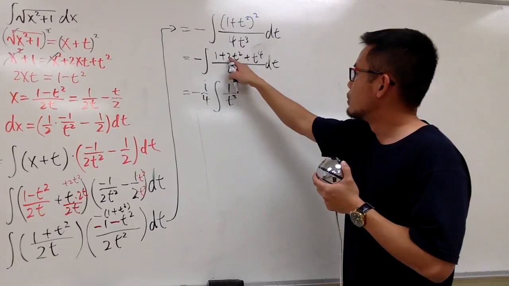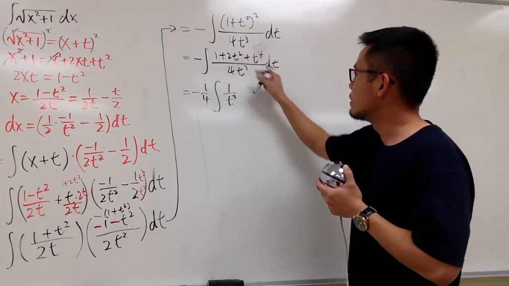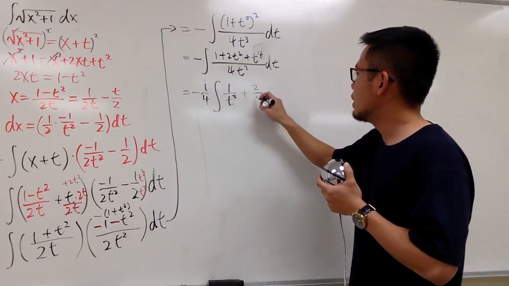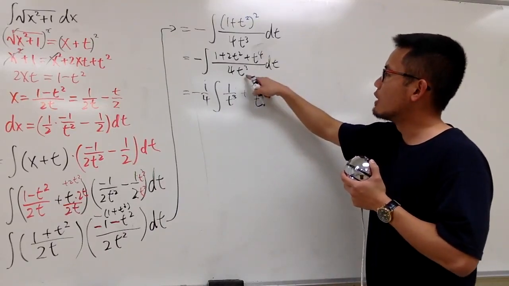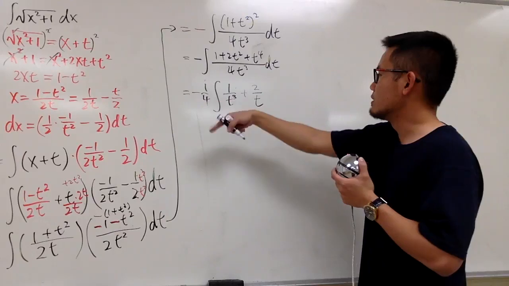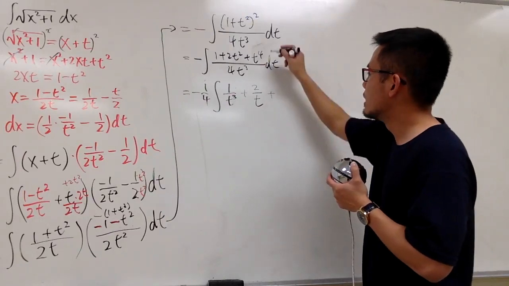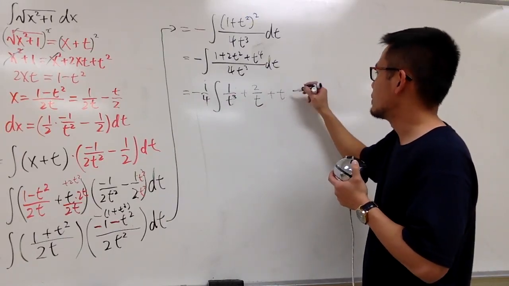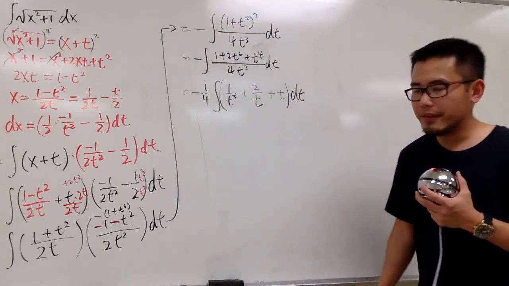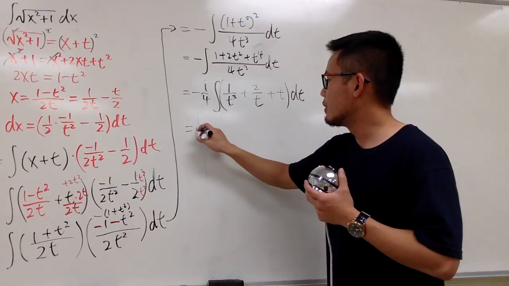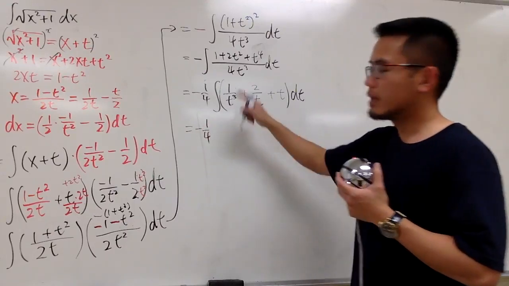And then 2t squared over t to the third power, so it's plus 2 over t. At the end, we have t to the fourth power over t to the third power, and the 1 over 4 is in the front already, so plus t to the first power, dt.